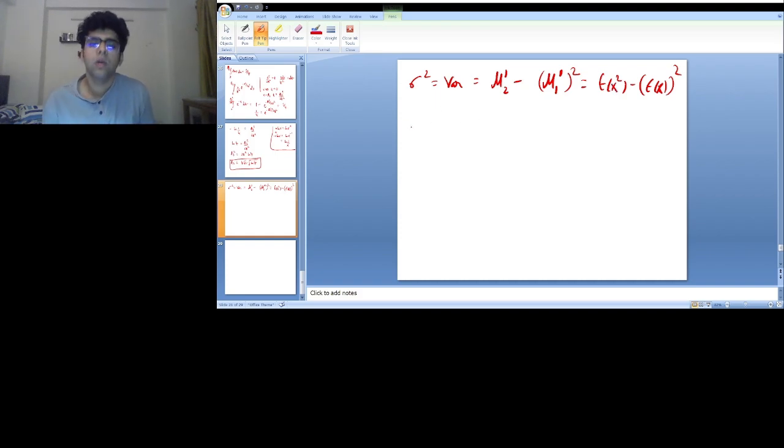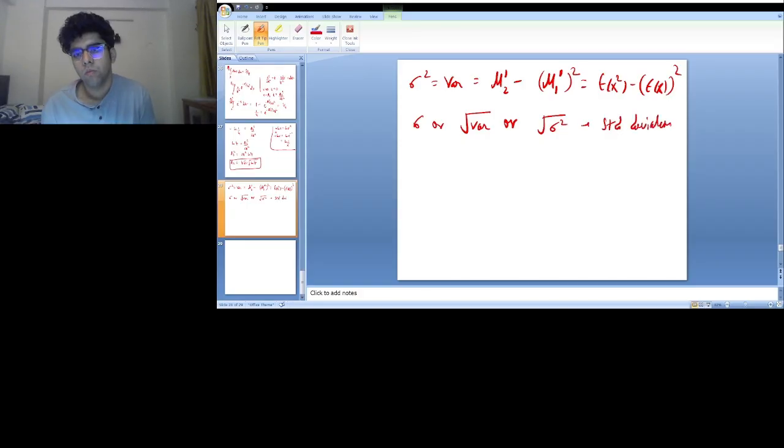Then I'll find the root and I'll get the standard deviation. So sigma, or root variance, or root sigma square, is the standard deviation. Right? So now I'm finding sigma square. For sigma square I need to find the second moment with respect to the origin, E x square.